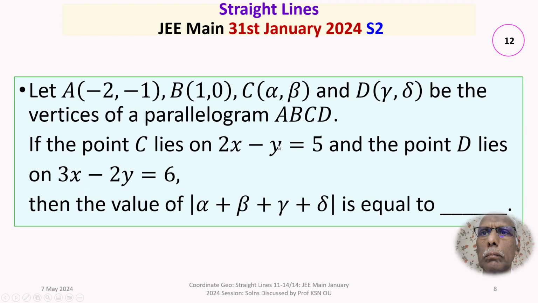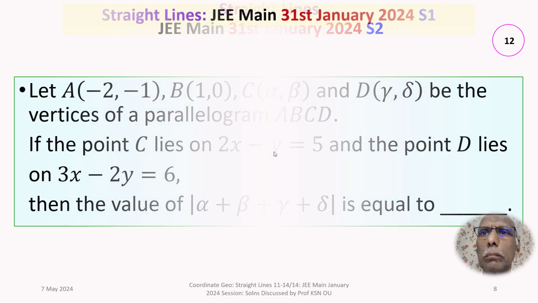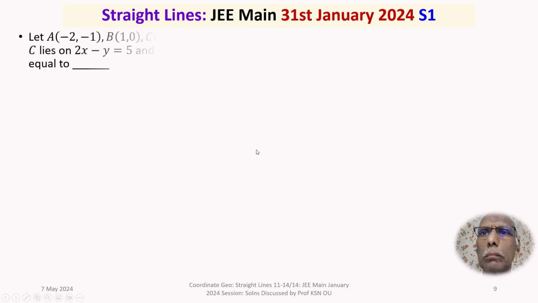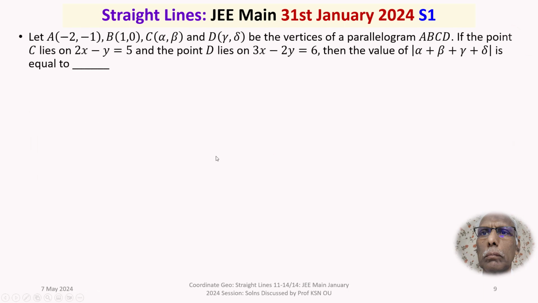With this much information, you have to find the values of alpha, beta, gamma, delta, and find modulus of alpha plus beta plus gamma plus delta. Let's now discuss the solution of the problem in detail. Yes, that is the question.